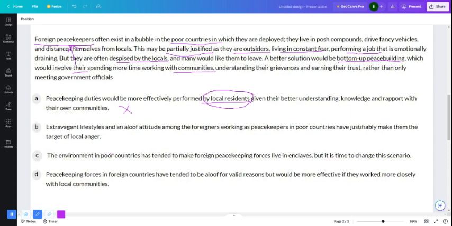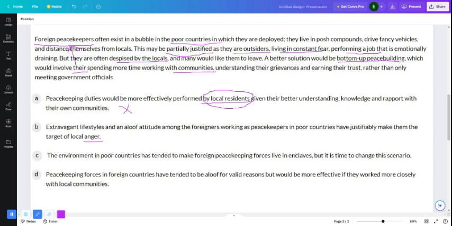Extravagant lifestyles and aloof attitude among the foreigners working as peacekeepers in poor countries have justifiably made them the target of local anger. See, first of all, anger is a strong emotion, which is again said that they are often despised, so it is not said that all the time they're despised.